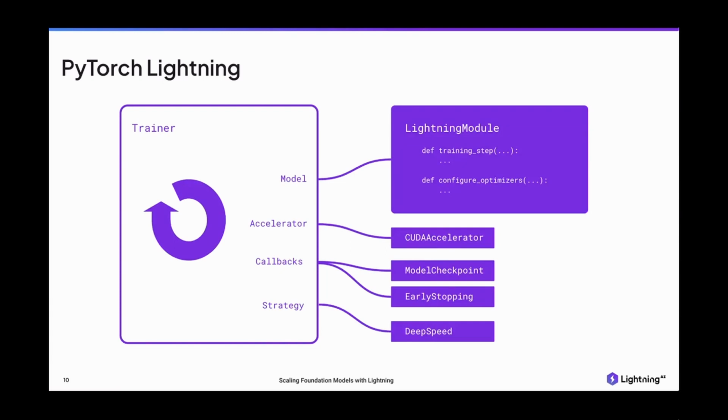But the moment you're scaling up, the moment you work as a team, then having a Lightning module as an abstraction is valuable. This is something we noticed: a lot of people are adopting PyTorch Lightning because it provides structure to the code.